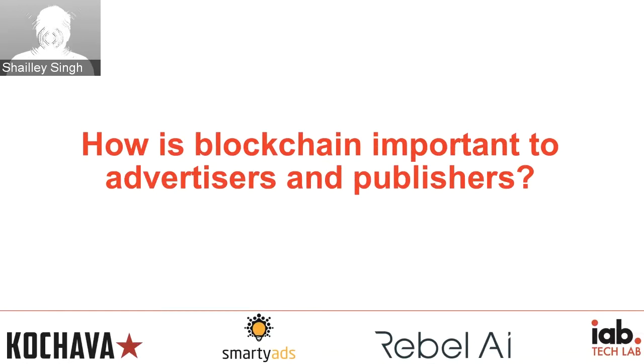The other thing I mentioned is records of truth. We all know there are multiple players in the stack to get an ad from an advertiser onto a publisher's website. A lot of those players have come up in order to mitigate fraud and the things we just talked about, but a lot of them exist today because, again, I don't trust you and you don't trust me.